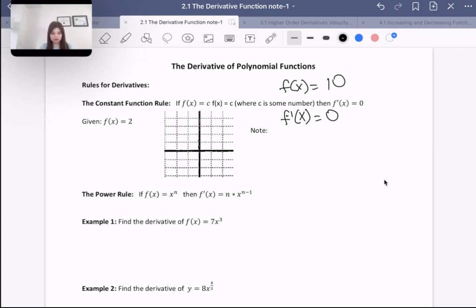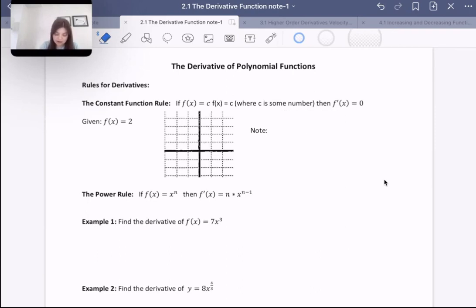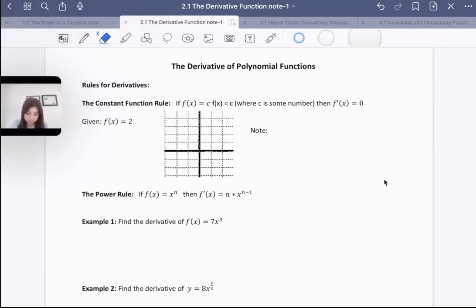Same thing, 0. What if it's negative 102.78? Same thing. Any constant number that does not have an x beside it, any constant that is not a coefficient, the derivative is 0. So that's the constant function rule: the derivative of any constant function is 0.